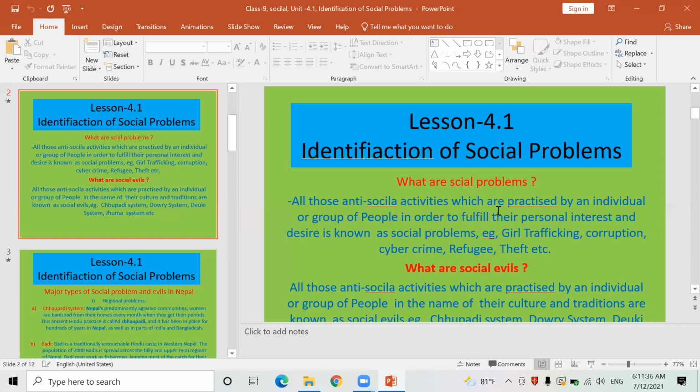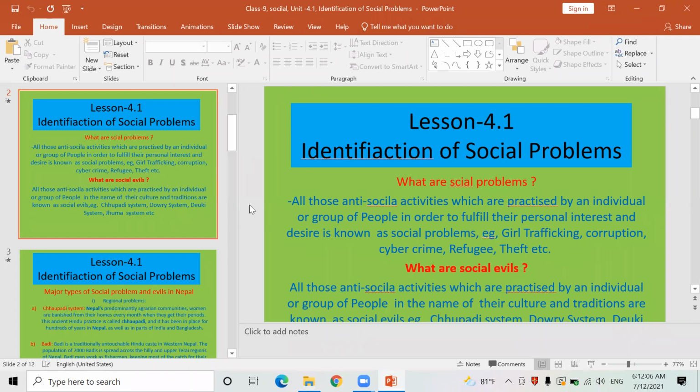You know that social problem and social evil. Look here. All those antisocial activities, while typing that I spelled it wrong, sorry for that. All those antisocial activities which are practiced by an individual or group of people in order to fulfill their personal interests and desire is known as social problem.